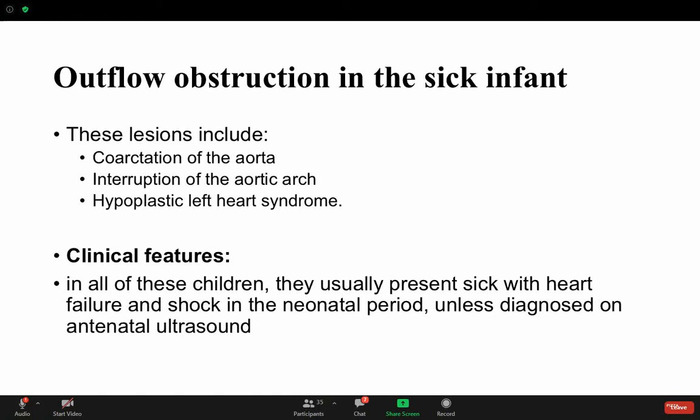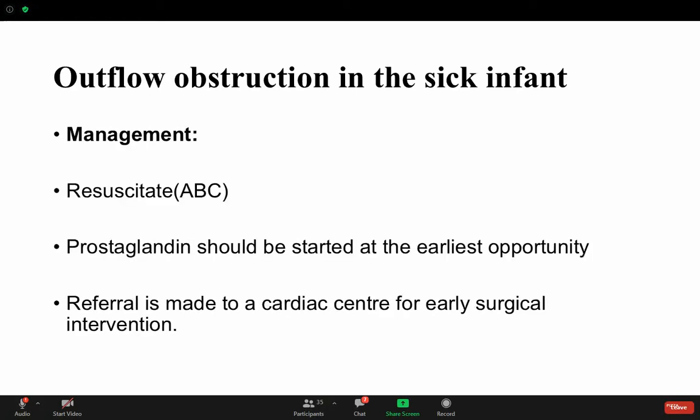Okay. If you have a coarctation of the aorta. In all of these children, they usually present sick with heart failure and shock in the neonatal period. Unless if they are diagnosed in the antenatal ultrasound, but we do intervention before they present.